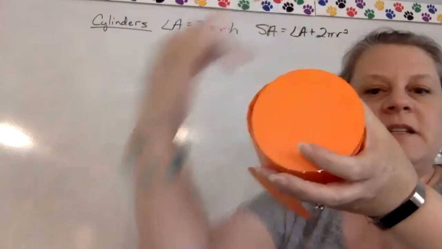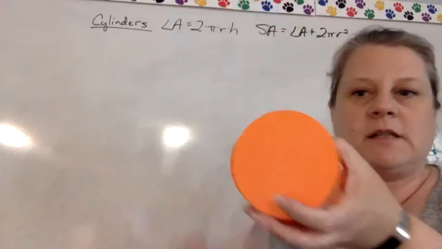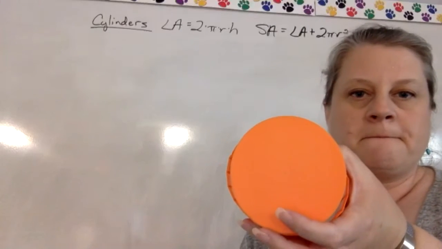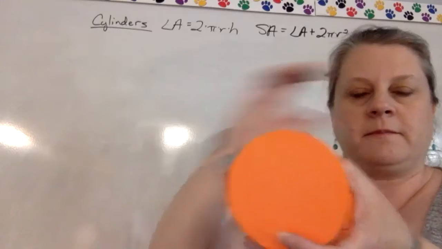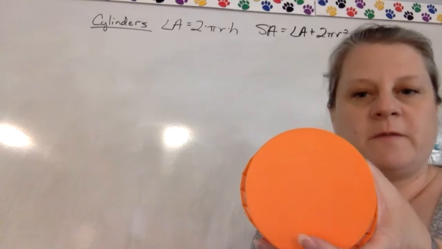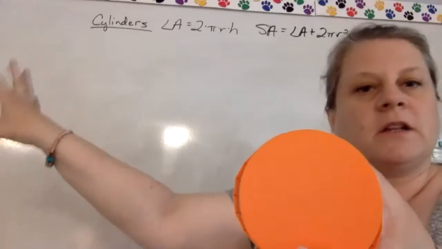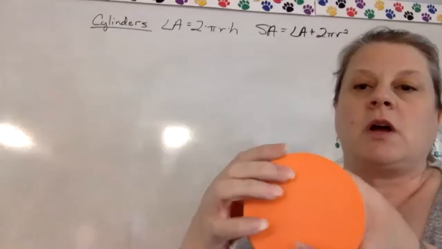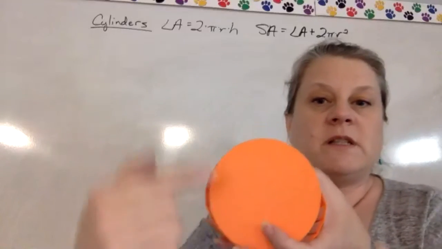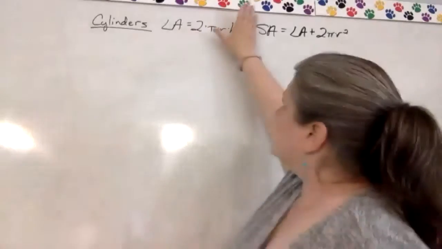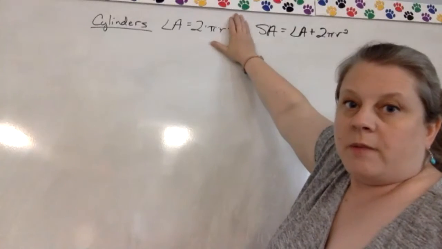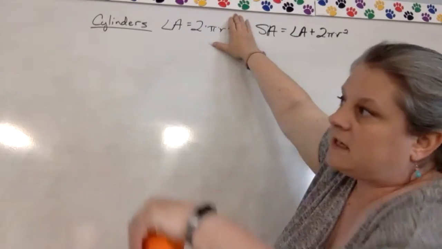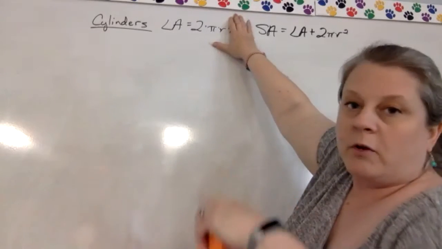So the distance around a circle is called its what? Starts with a C. Circumference. For a regular polygon, it's perimeter. For a circle, it's circumference. So your formula for the circumference of a circle is 2 pi r. So basically, you're still doing the same thing we did over there. You're taking the perimeter of the base.